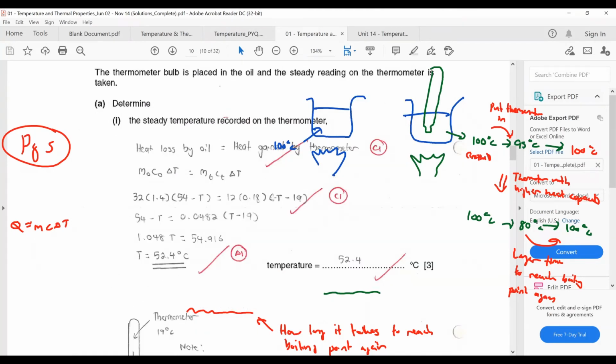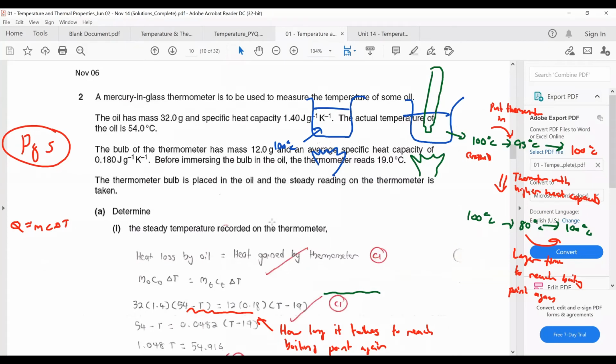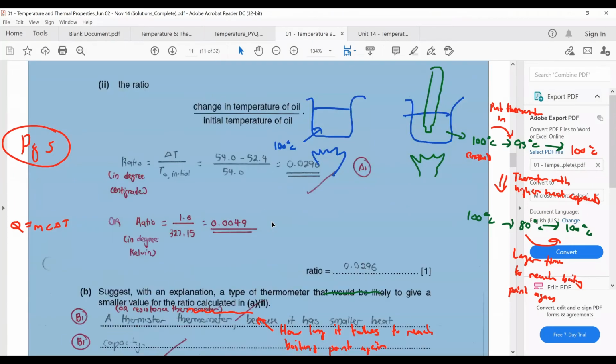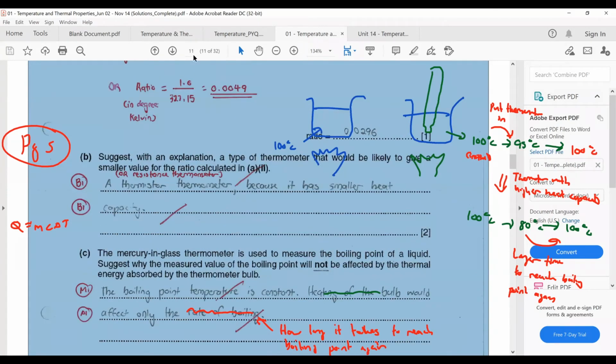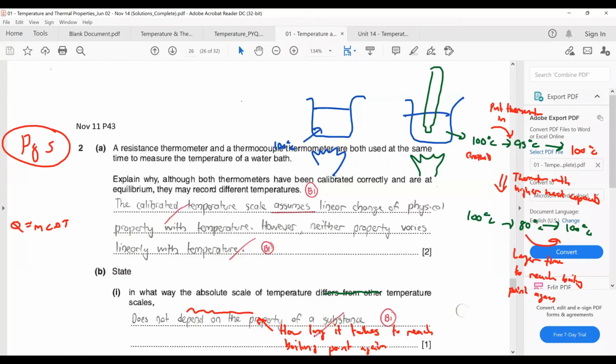No, I think we just did page 10, didn't we? Oh yeah, sorry, it wasn't page 5 that I was doing, page 10. Go to page 26. Go to page 26 of your worksheet.